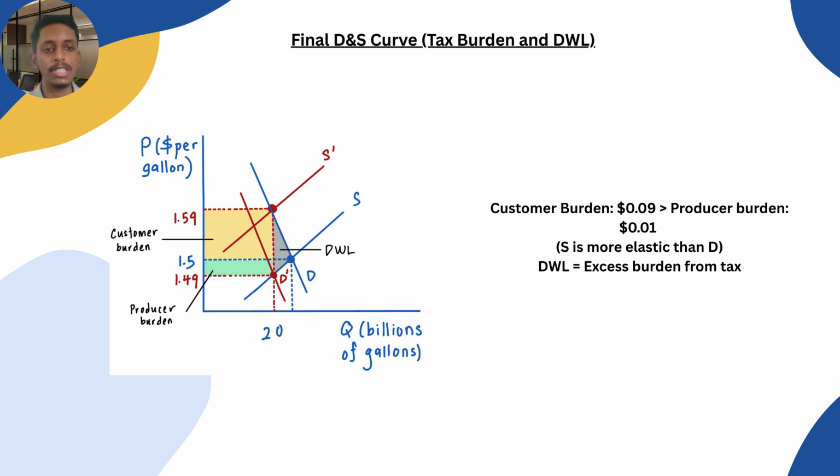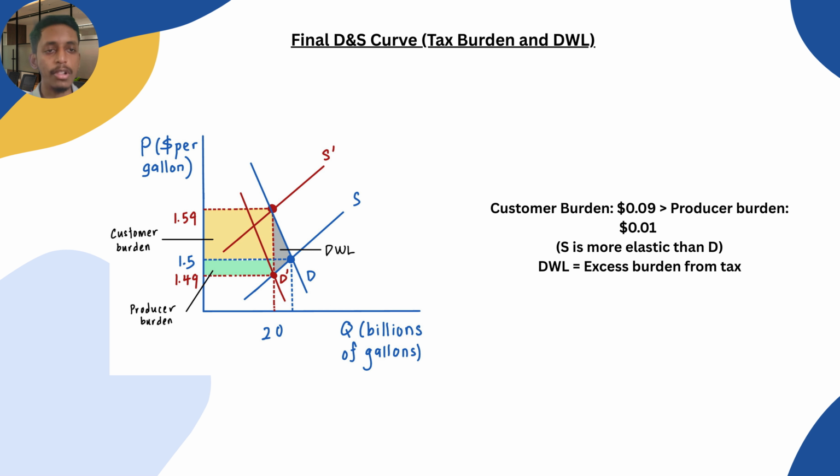This means the customers pay an extra 9 cents per gallon. The producer burden is in the green area, the price sellers receive drops from $1.50 to $1.49. This means the producer is only absorbing 1 cent of tax.